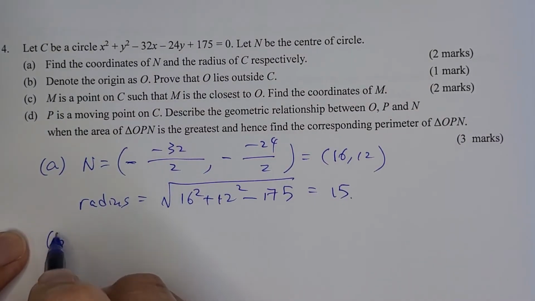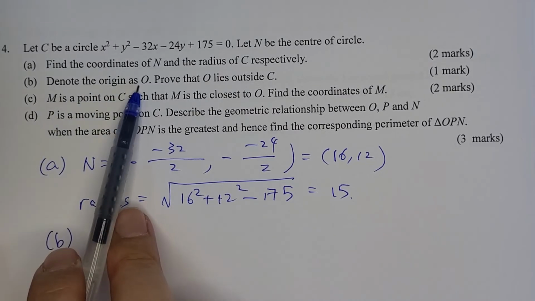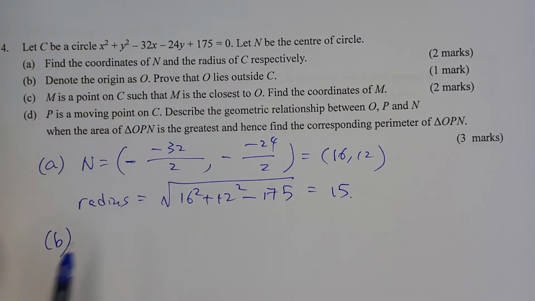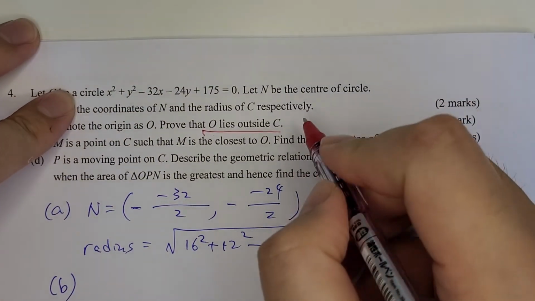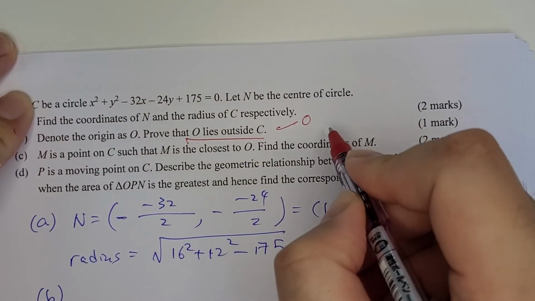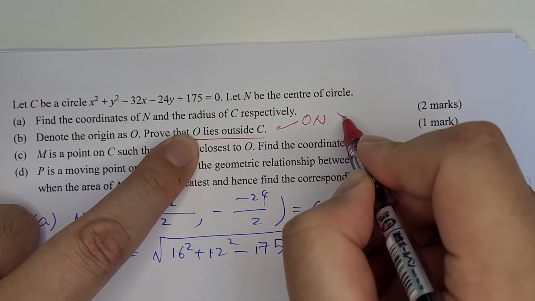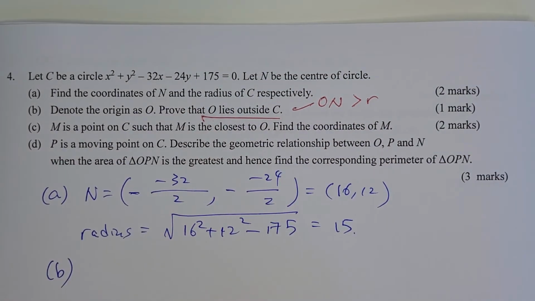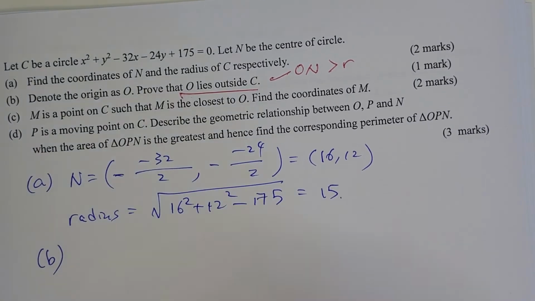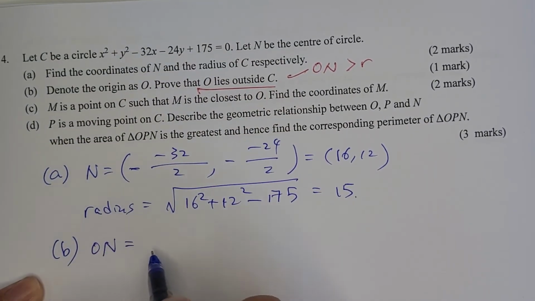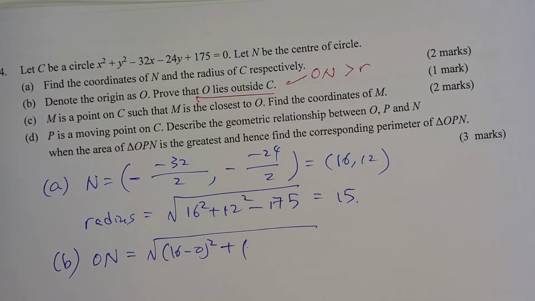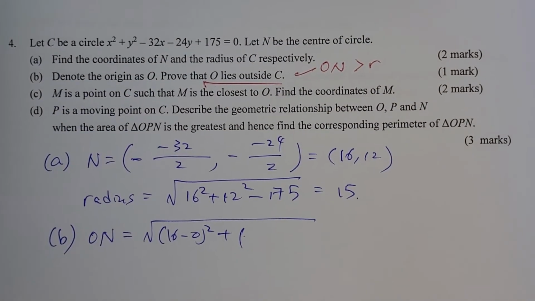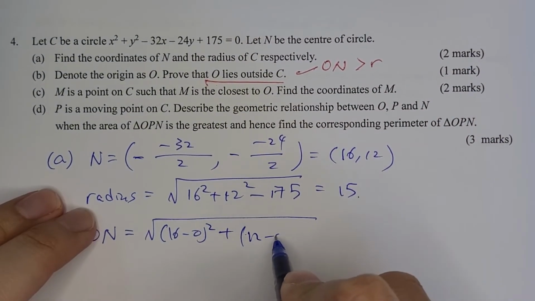And part B. Denote the origin as O. Prove that O lies outside C. How do you prove this? If the point is outside the circle C, that means the distance between the point O and the center is greater than the radius. That you need to prove. So check the distance between O and N. That is 16 minus 0 all squared, plus 12 minus 0 all squared.